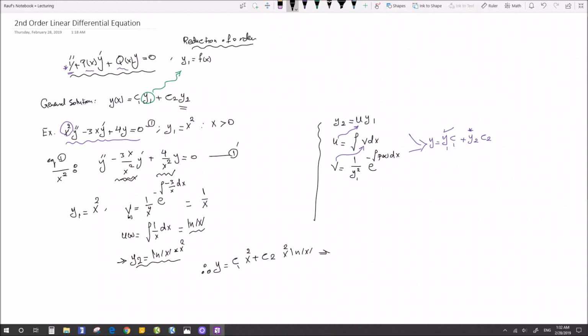If you want to simplify this form, y equals x squared multiplied by c1 plus c2 ln the absolute value of x, and this is the general solution of the problem shown above.